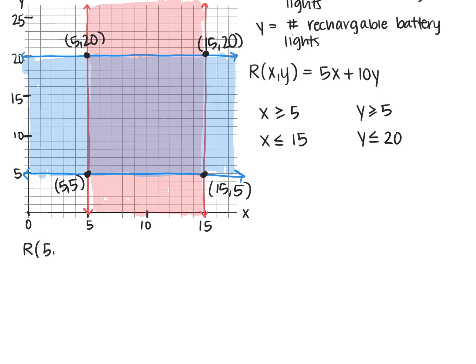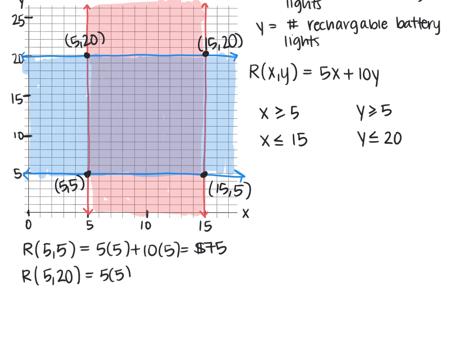So we're going to start with the point (5, 5). So that becomes 5 times 5 plus 10 times 5, which is going to be $75. Then we'll check the point (5, 20), which is 5 times 5 plus 10 times 20, which is $225.